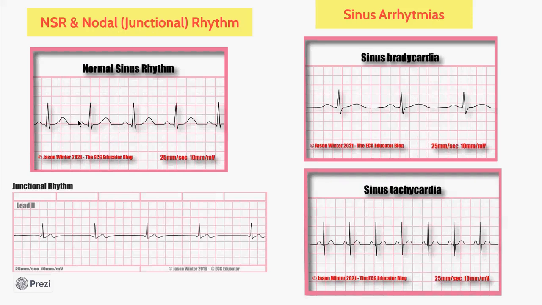So the rhythm, instead of starting in the SA node, it is starting in the AV node, because the AV node is responsible for ventricular depolarization, and the ventricular depolarization is represented in the ECG by the QRS complex. So the QRS complex is starting the rhythm, and the QRS complex represents the AV node. So when there is no P wave but QRS complex, this is called nodal or junctional rhythm.